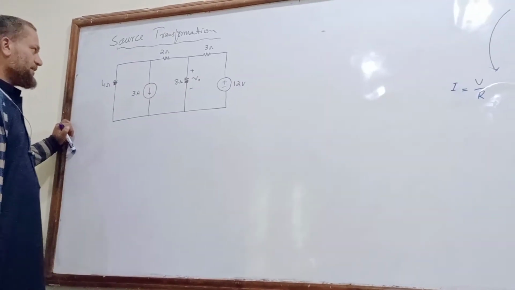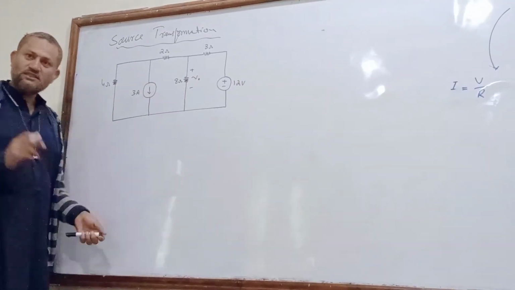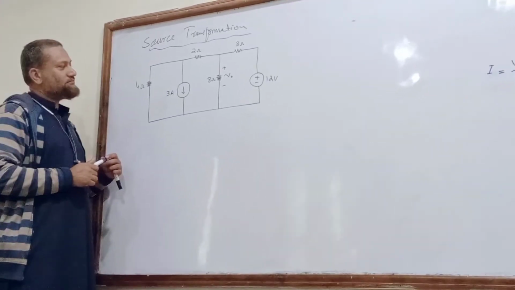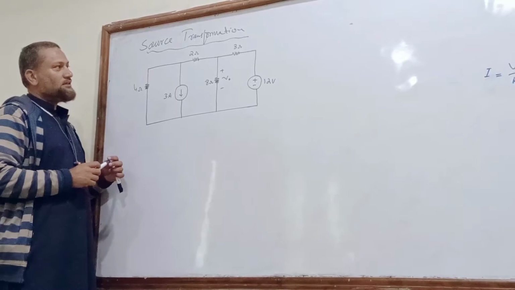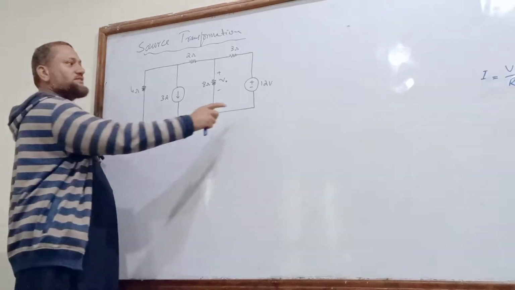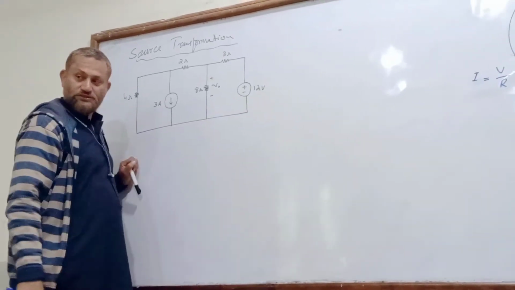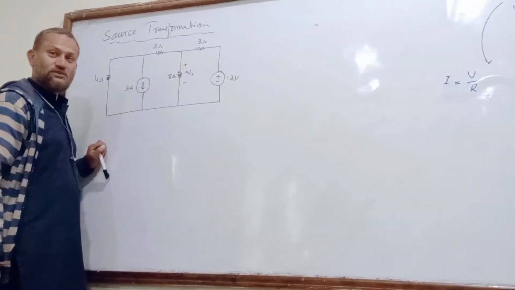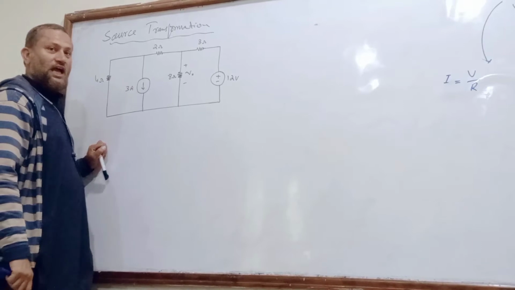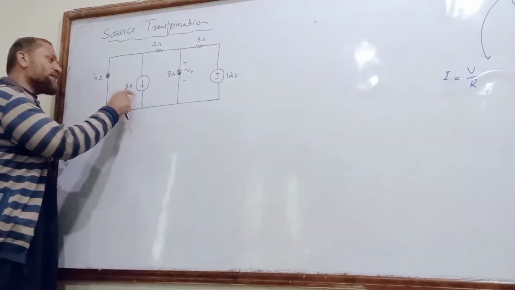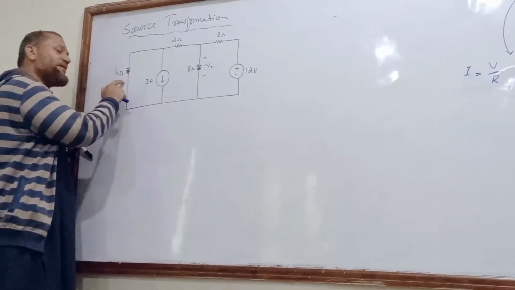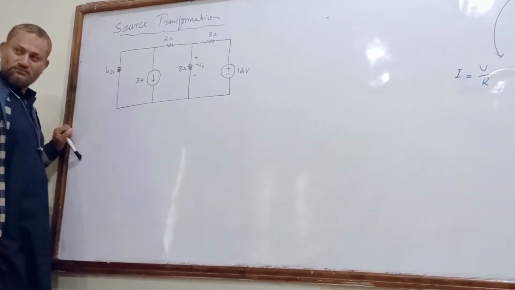So, look here. This is important: whenever we have a voltage source, we will have a resistance in series with that source. And whenever we have a current source, there will be resistance in parallel with that source.